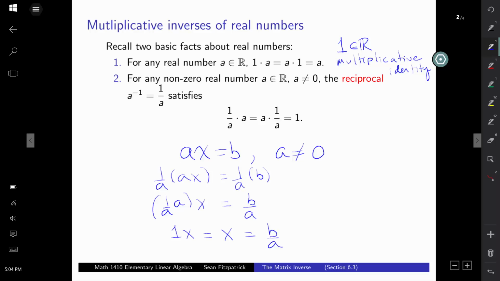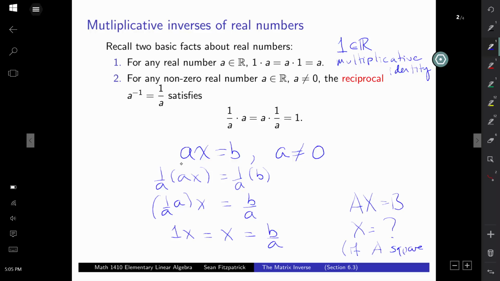So we want to basically recreate this with matrices. If I had a matrix equation, say A times x is equal to b, I'd like to be able to solve, if possible, for x. We saw last time there's an algorithm for doing this in certain cases, and the algorithm that we wrote down really only works if A is square.